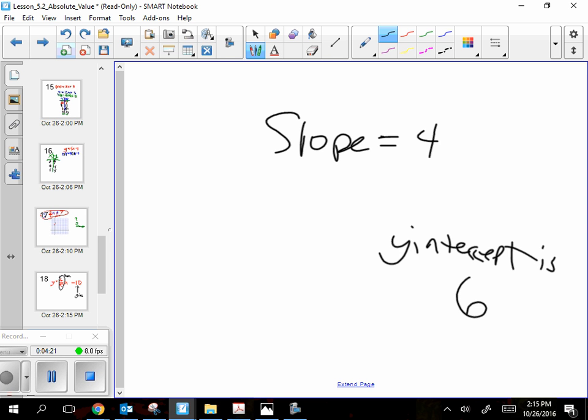Write me the equation. Did you know to start with y equals? You got it. That's called slope-intercept form equation. That was the main thing for today.